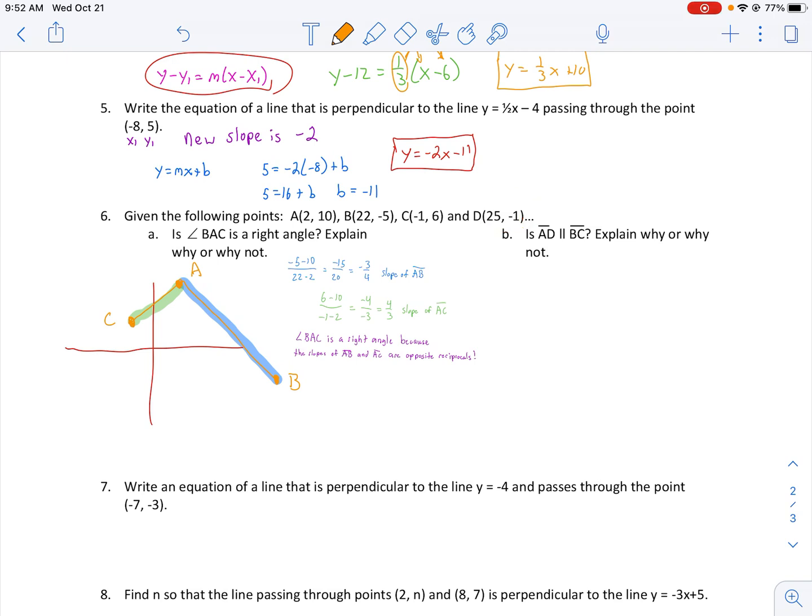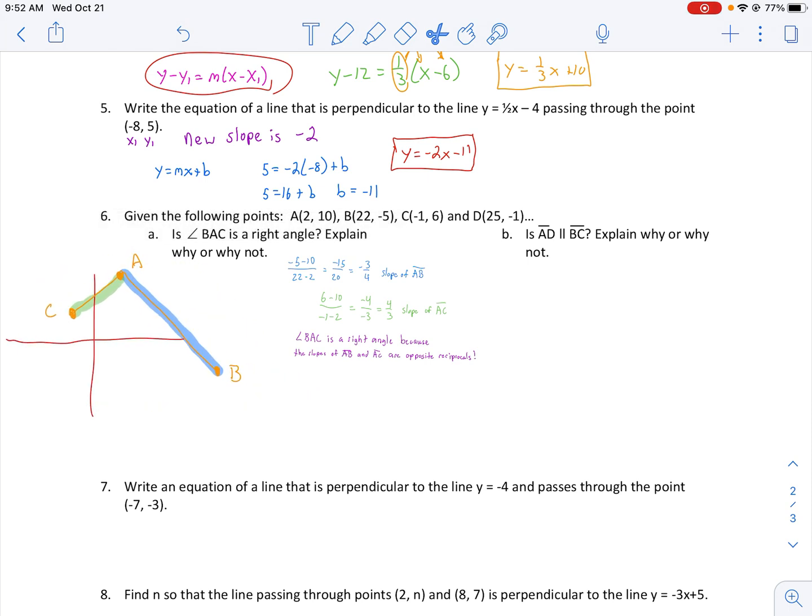D is (25, -1). So 25, -1 would be way out past point B, somewhere like right here or so. And it wants to know, is AD parallel to BC?